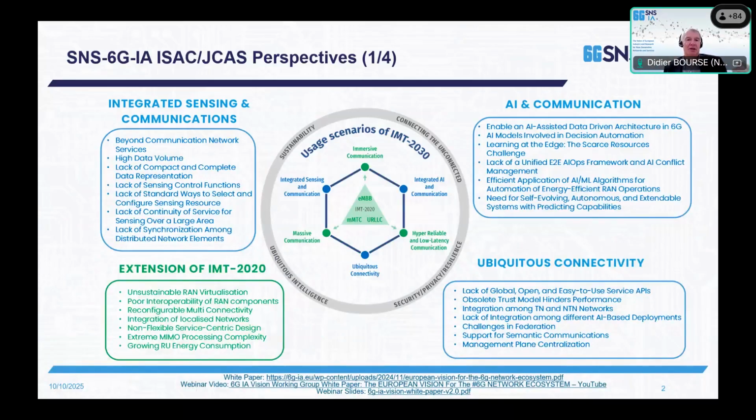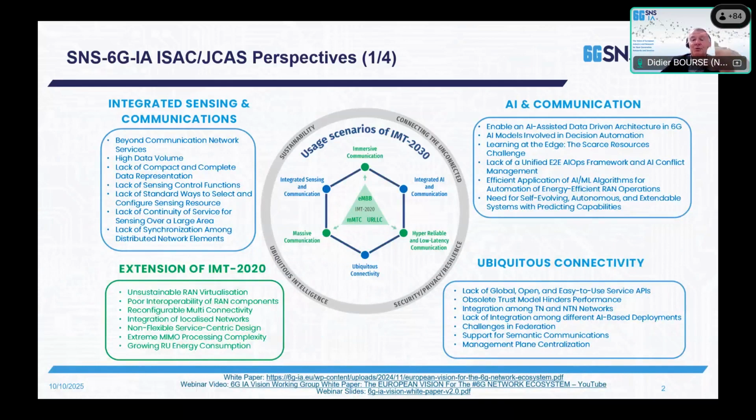Where do we stand? Most of you are very familiar because you are experts in 6G, with the enhanced capabilities and the new capabilities. You see in blue and in green the two color code. And in the new capabilities, you have ISAC, integrated sensing and communication.